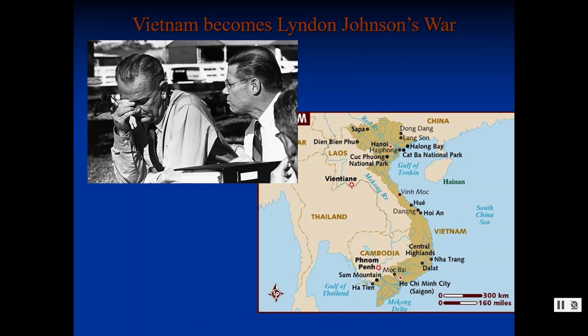So a significant thing happened in August of 1964. There were U.S. troops patrolling out here in the Gulf of Tonkin. Remember, there were no U.S. troops on the ground at this point, but there was a military presence in the Gulf of Tonkin.